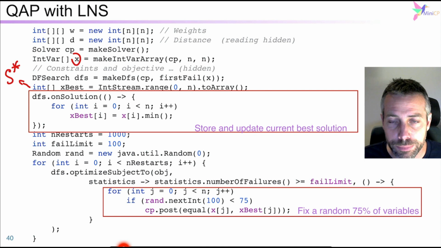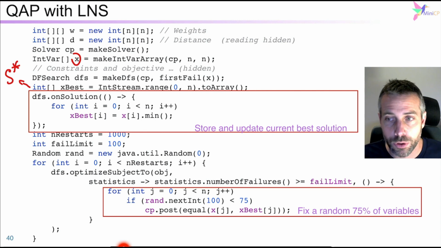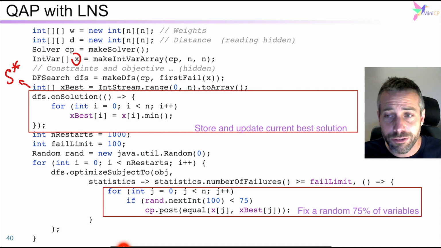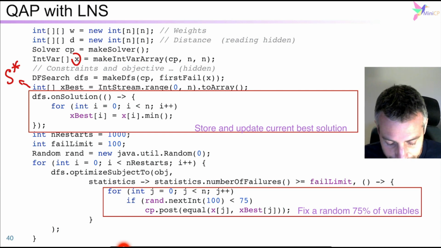But all the other variables are free to take the value they want. This is the mechanism that is used to explore a perturbation, to explore the possibility to improve the current best feasible solution. So we relax 25% of the variables at each restart, and we will execute this loop for a given number of restarts. For instance here it's 1000 restarts.